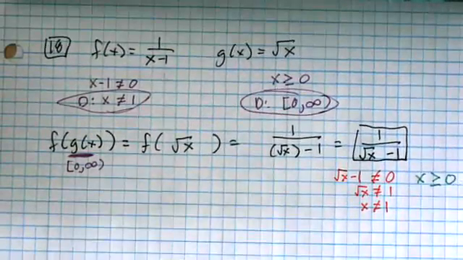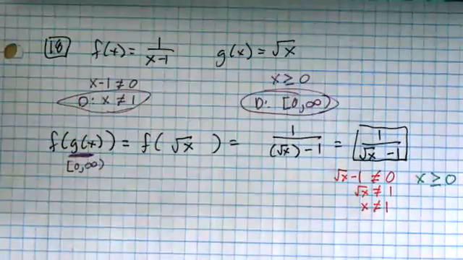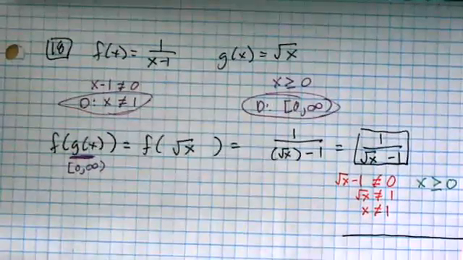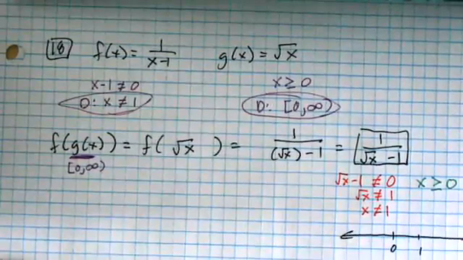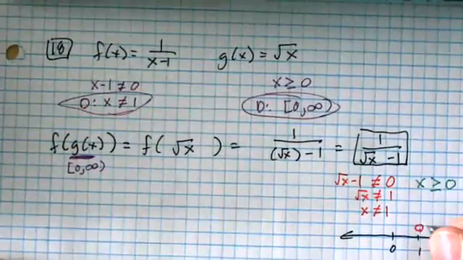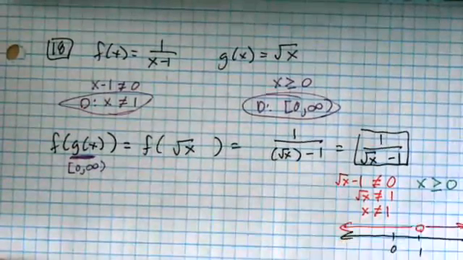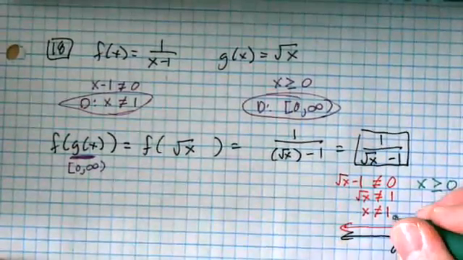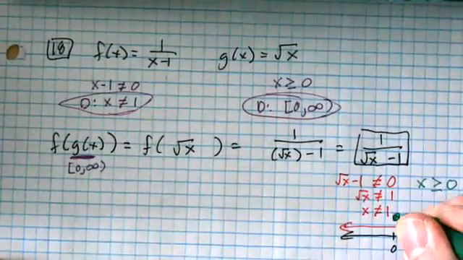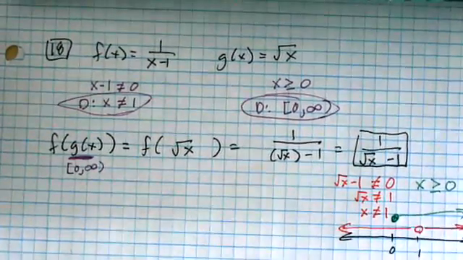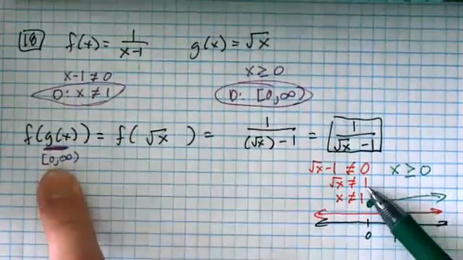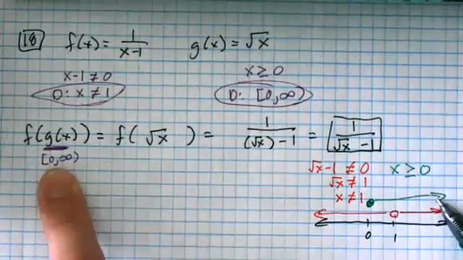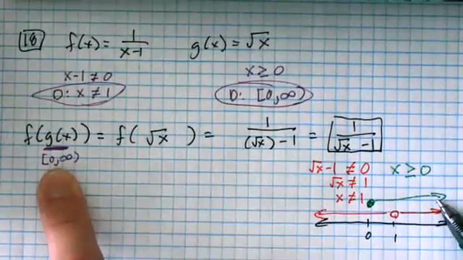So to find my overall domain, I'm just going to graph those two things and see where they overlap. So x not equal to 1 and x greater than or equal to 0. If I hadn't been looking, I might have added this onto it also, but it would look exactly like this. Okay. In fact, why not? Doesn't hurt.